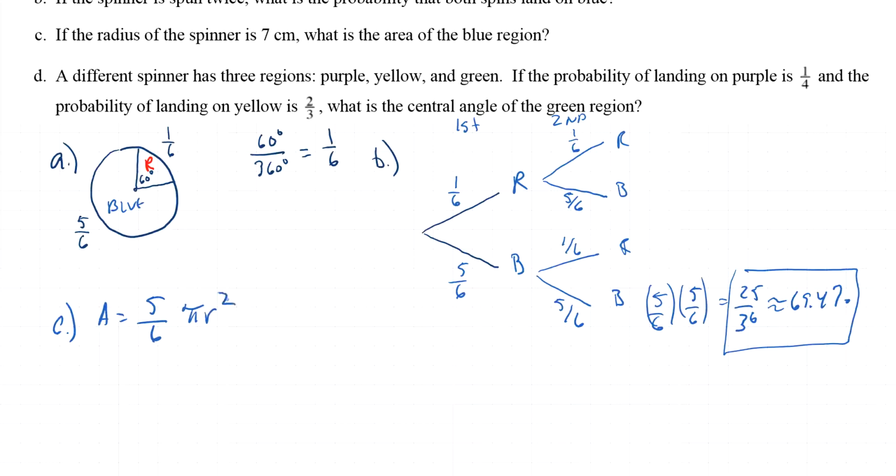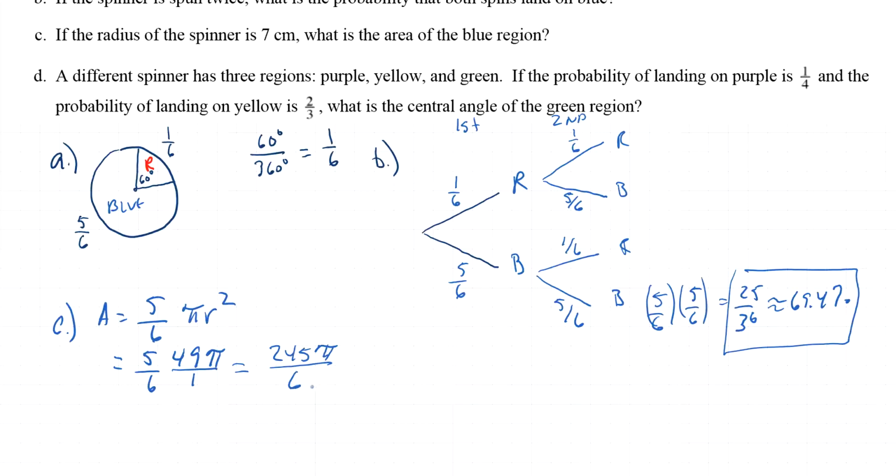Pi r squared. They told us that the radius is 7, so this is going to be 5 over 6 times 7 squared, which is 49 pi. So we multiply across, that's 49 times 5, which is 245 pi divided by 6.